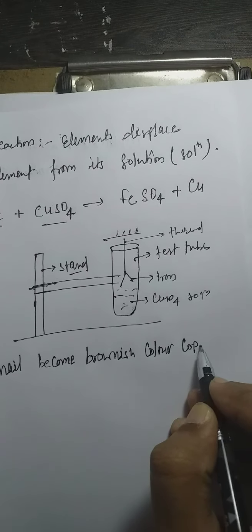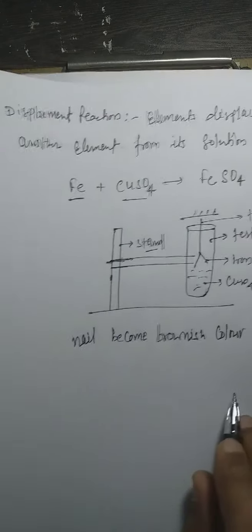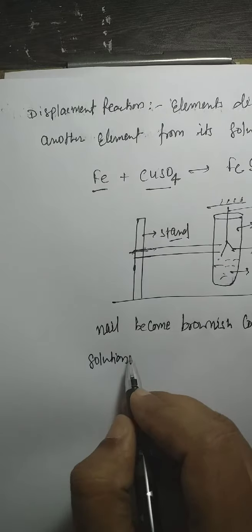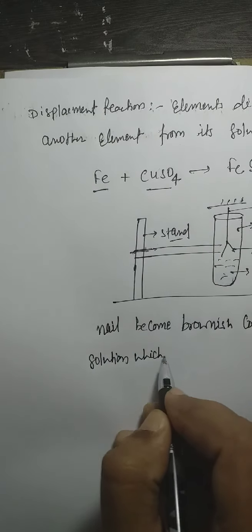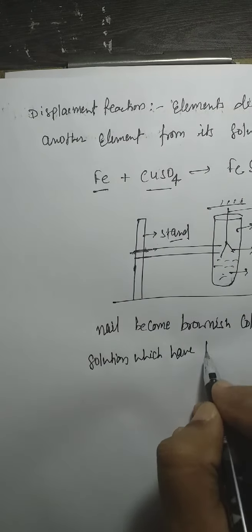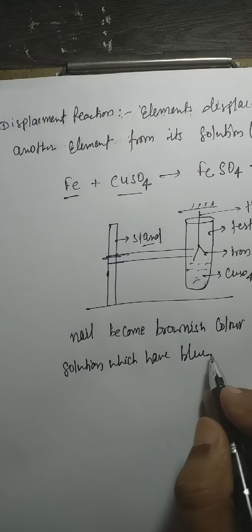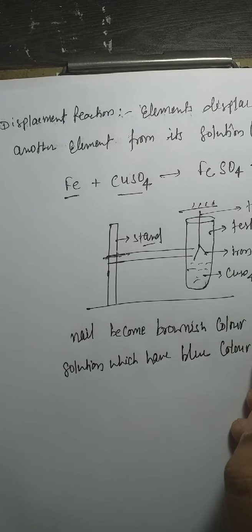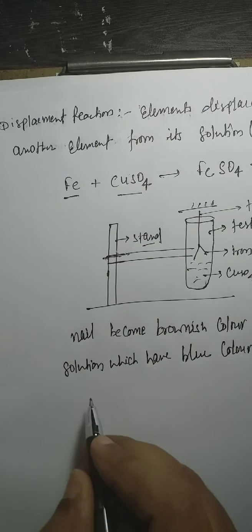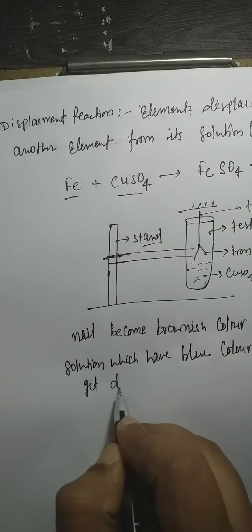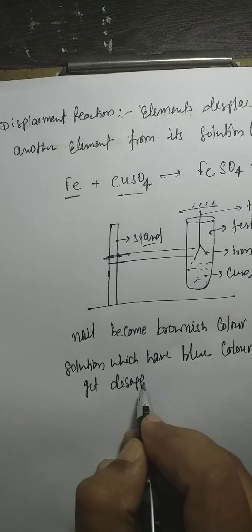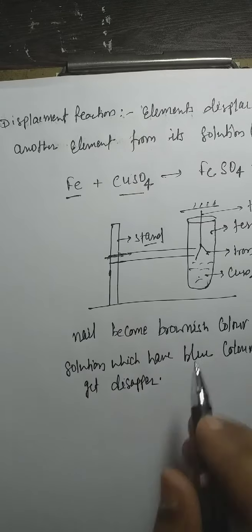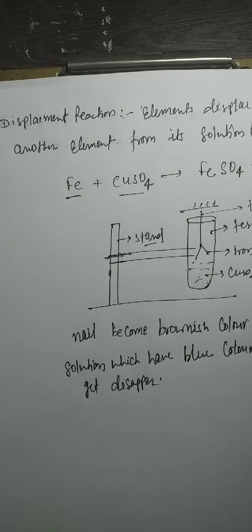So we may write that the copper solution, which has blue color, disappears. So what we are watching is that iron is getting brownish in color and the copper solution color starts to disappear.